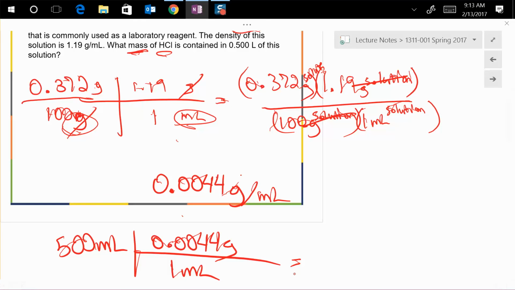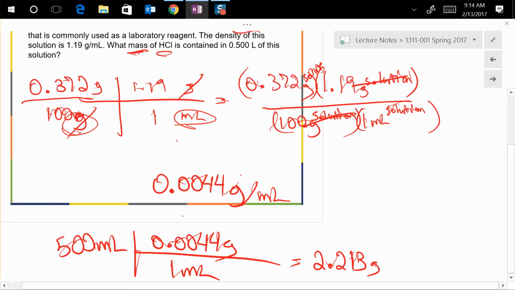So what did we find? 500 times 0.0044. 2.2. 2.213. Grams in that many milliliters. Okay?